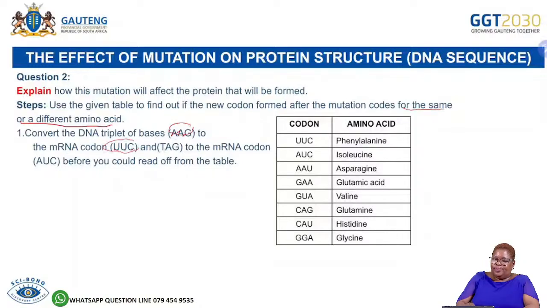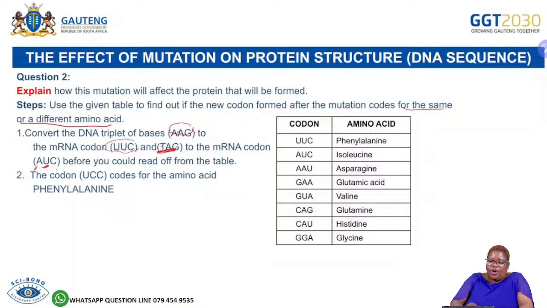Look at this one. TAG, T, A, G. Remember, T is replaced by A, A by U, then G by C, before you could even read from the table. The codon UUC codes for the amino acid phenylalanine, right?